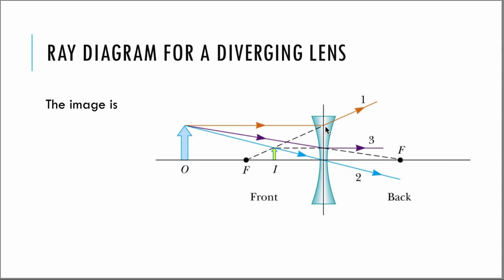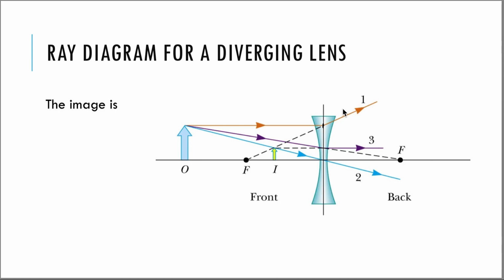Notice where it's bending whenever it hits that straight line. Ray number 2 is going straight through the center, keeps going. And then ray number 3 is trying to get to the focal point on the other side, but as soon as it hits that lens, it's going to emerge parallel.